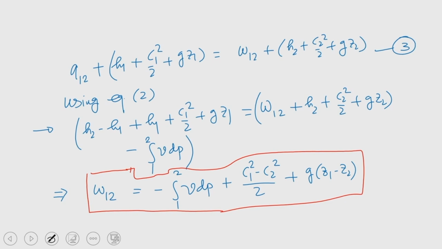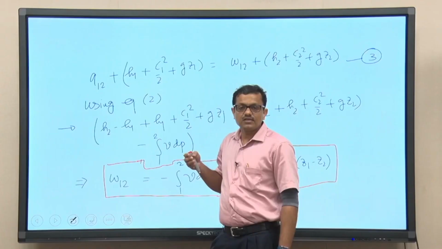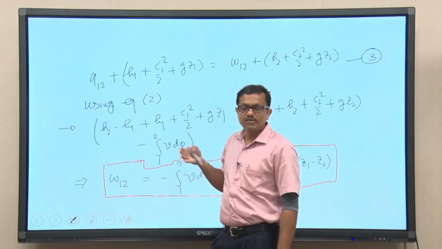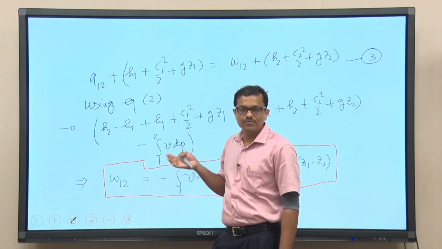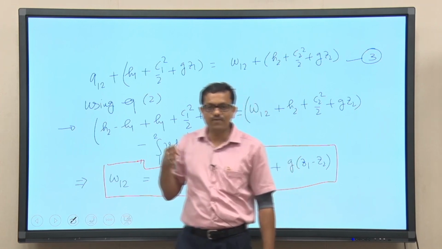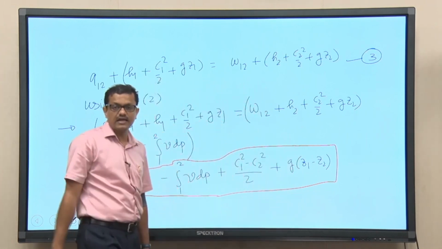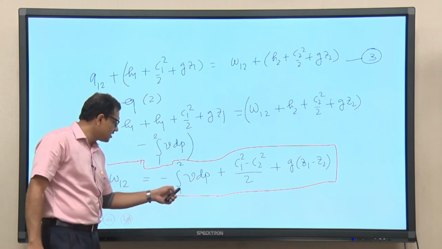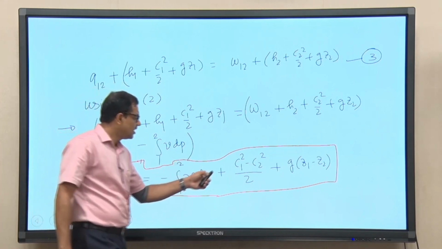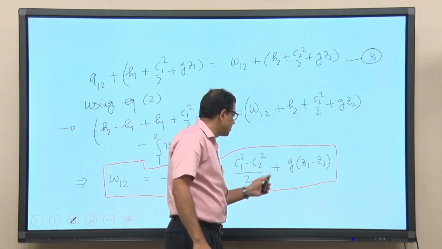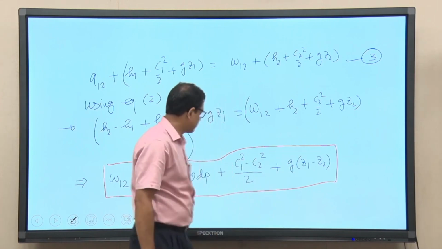The energy which should be added in the form of work for a steady state steady flow process, which is also reversible and adiabatic, is nothing but minus integral 1 to 2 VdP plus (C1 square minus C2 square) by 2 plus g into (Z1 minus Z2).